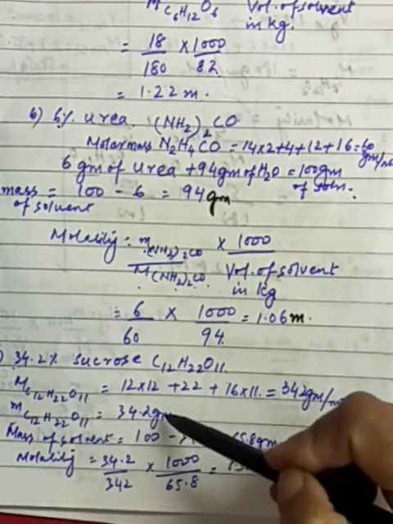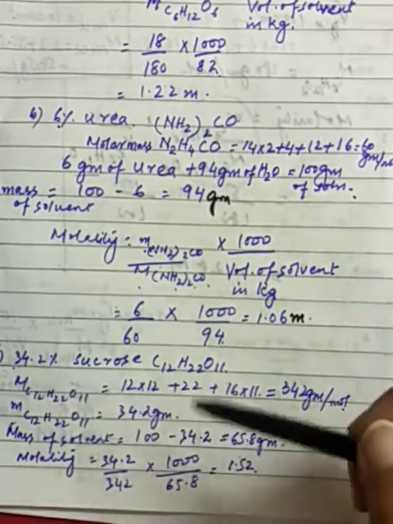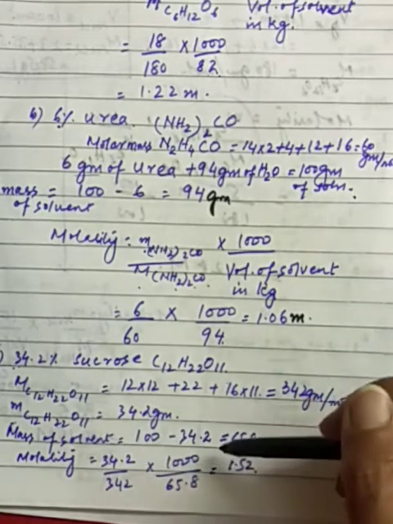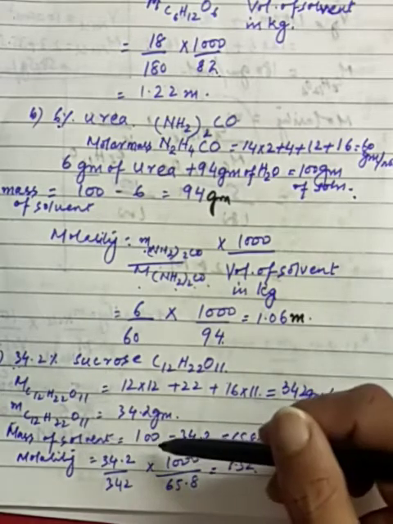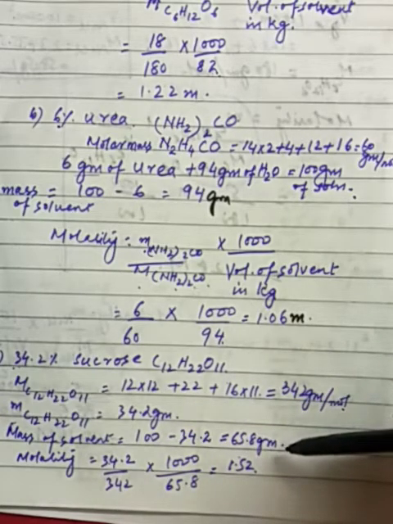The mass of the sucrose given in the question is 34.2. When we want to calculate the mass of the solvent, we subtract 34.2 from 100. It will be equal to 65.8 gram.